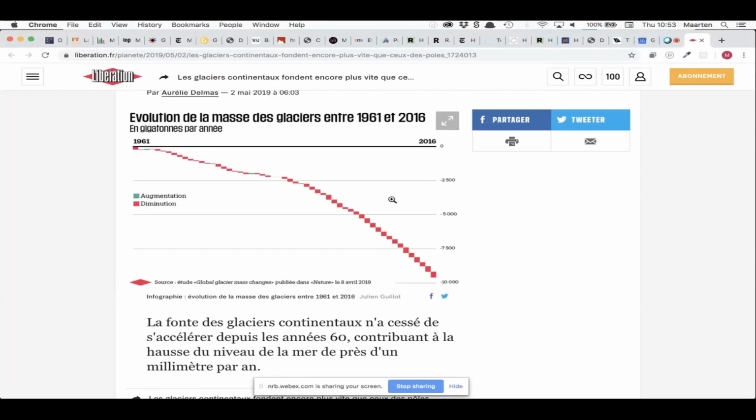But you can see that all together, if you add up all the rectangles, all the components, you have a net effect of a large amount of ice disappearing. So this is also using the technique of the waterfall chart.